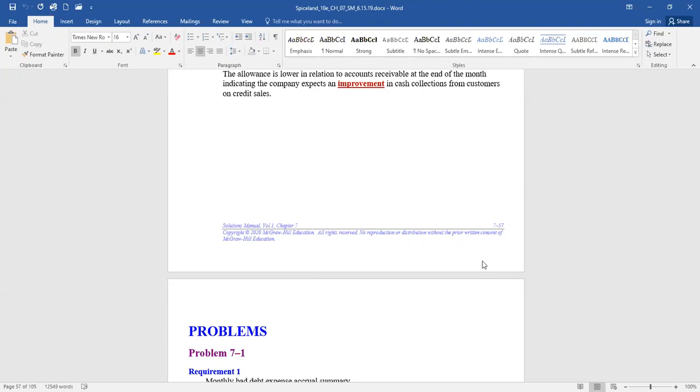Here's the activity for the year. During the year, accounts receivable increased $2,620,000, and they decreased $2,483,000 because of payments. And they also decreased because of actual write-offs of $68,000.